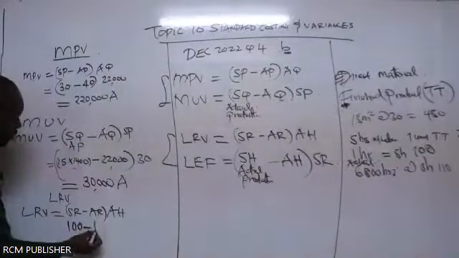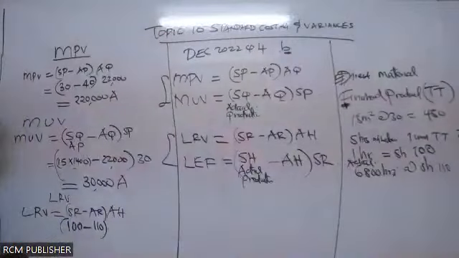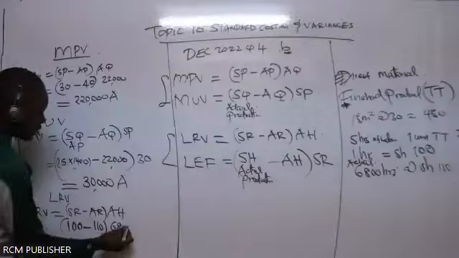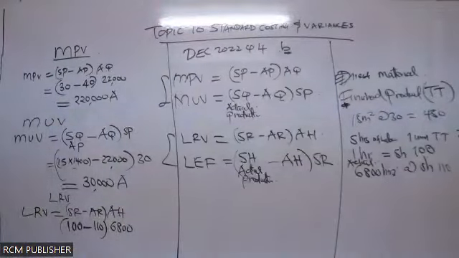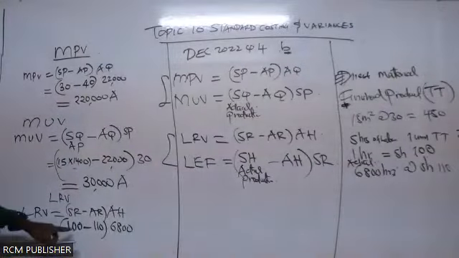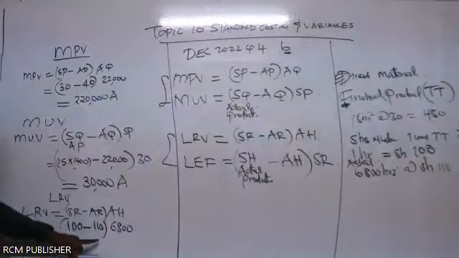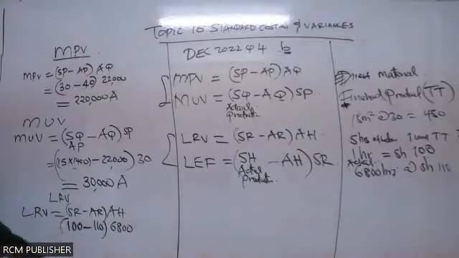Then actual hours is already given there as 6,800. I anticipated to pay for the labor at 100. We ended up paying for the labor at 110. Is it more than the budget or less than the budget? Is it adverse or favorable?